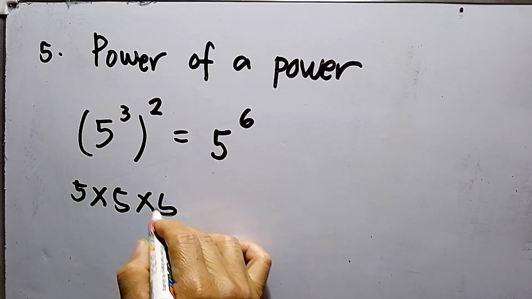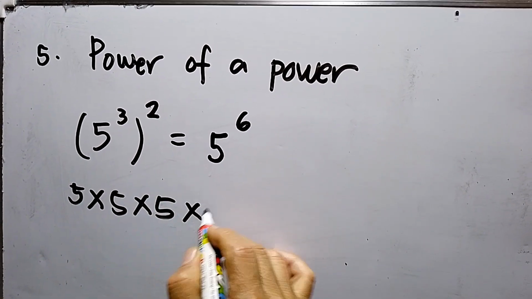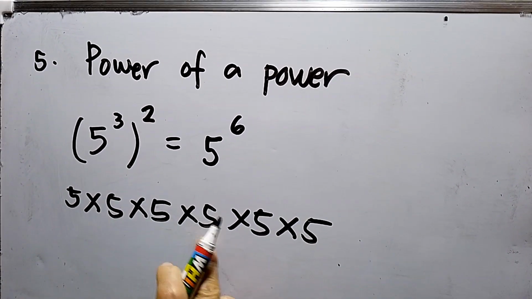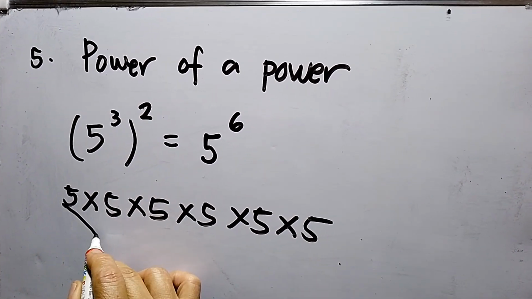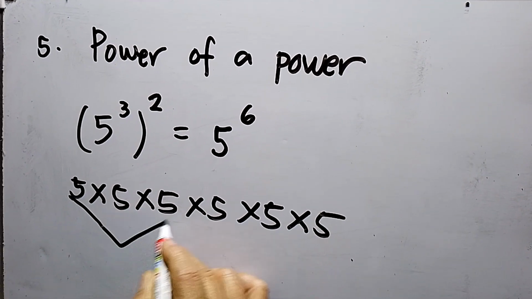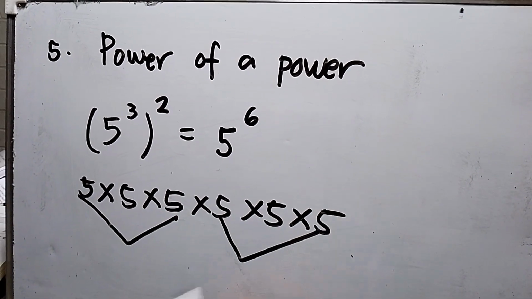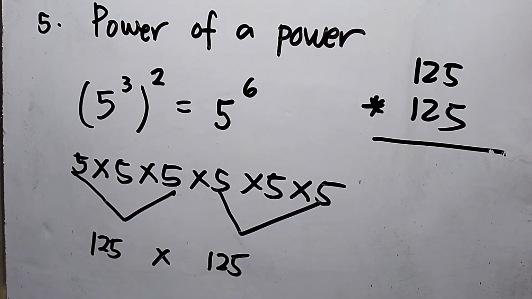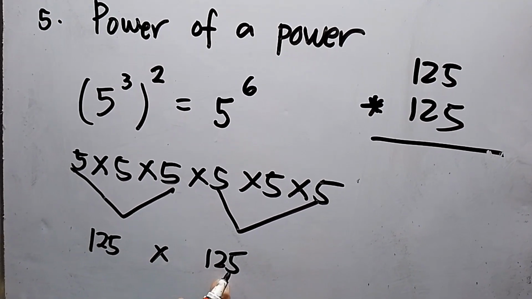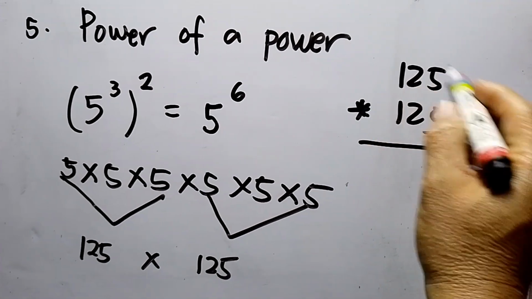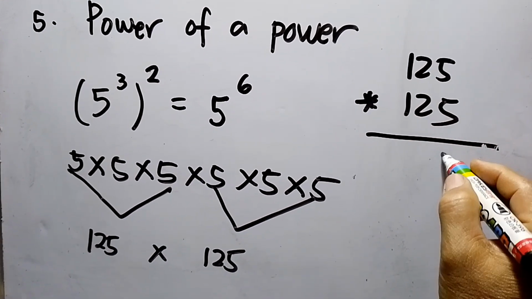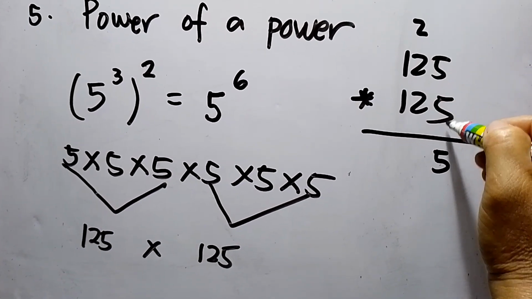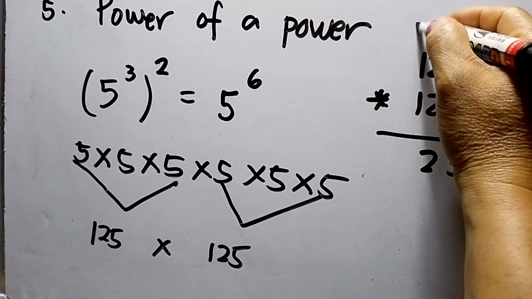1, 2, 3, 4, 5, 6. Okay, this will be 125 times 125. Since I have 125 times 125, I have to multiply this. So 5 times 5 is 25, carry 2. 2 times 5 is 10, plus 2 is 12, carry 1.